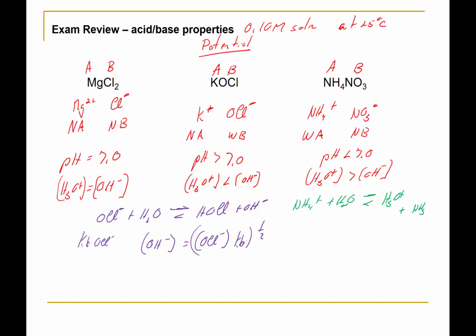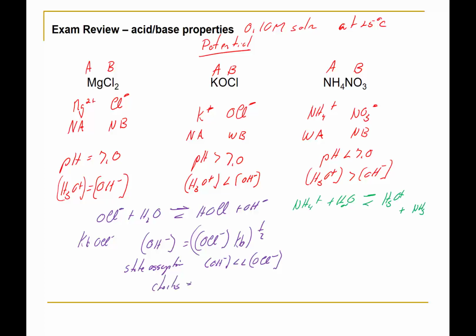Now to use this equation, remember that you have to state the assumption. The assumption in this case is essentially that the hydroxide concentration, or X if you will, is very much smaller than the original hypochlorite concentration. And also remember that you need to do the check.